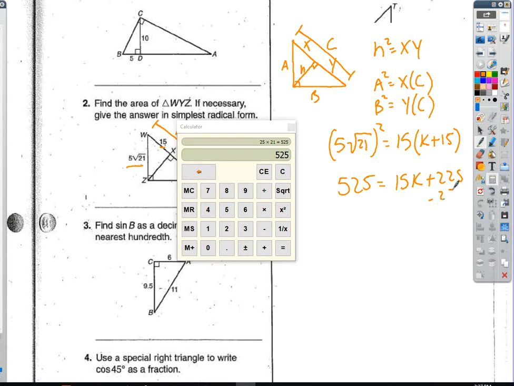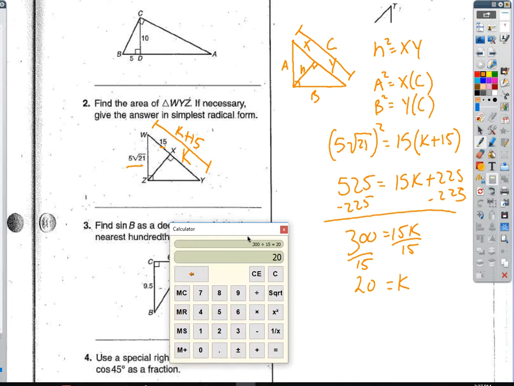Minus 225 on both sides, and I get 300 is equal to 15k. Divide by 15, and I get k is equal to 20. Yay! So that means this side length here is 20.